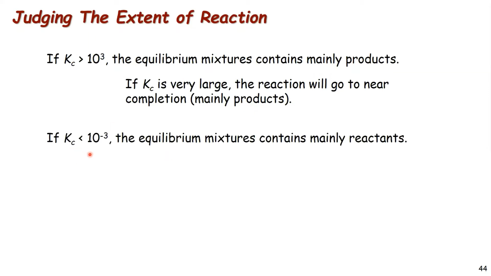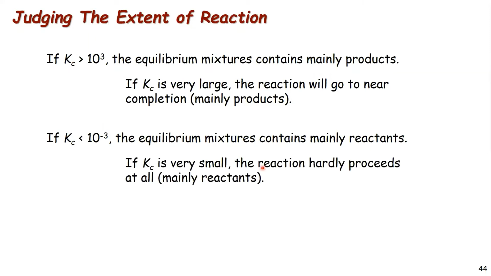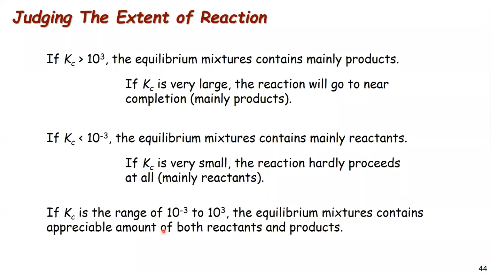If K is very small, less than 1/1000th, then basically it mainly remained reactants, and there's barely any products formed at all. And of course, we've seen if Kc is in the range of 10 to the -3 to 10 to the 3, the equilibrium mixture contains a considerable amount of both reactants and products.